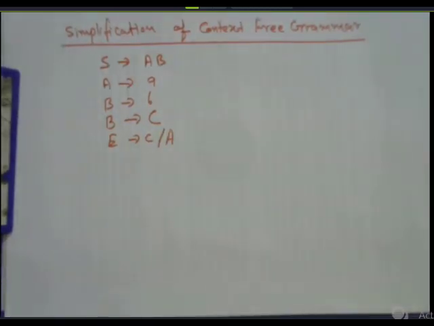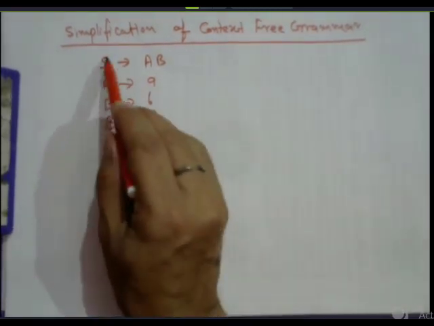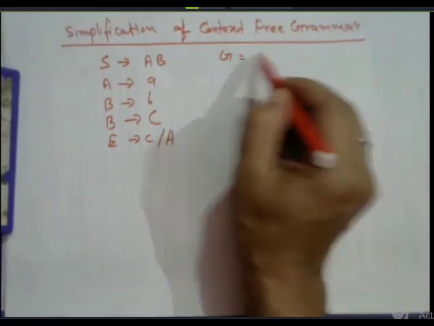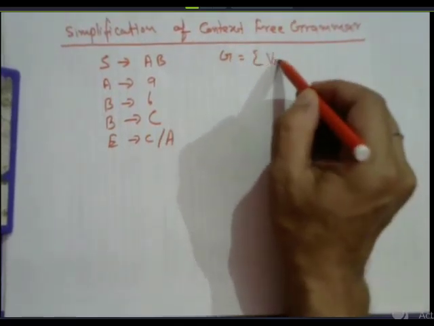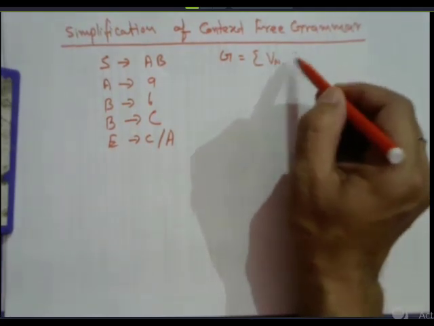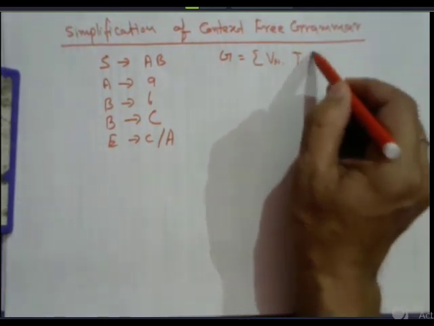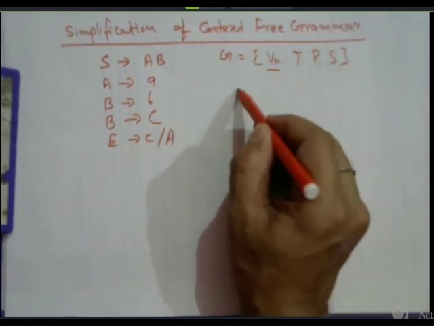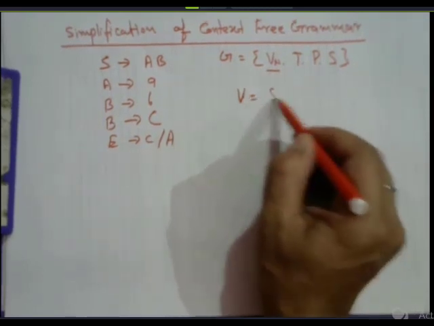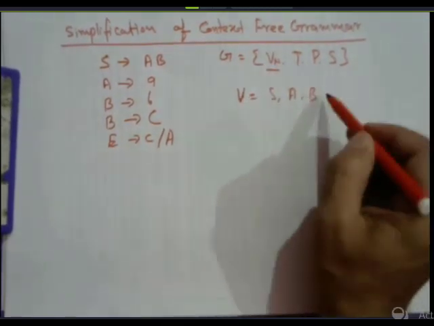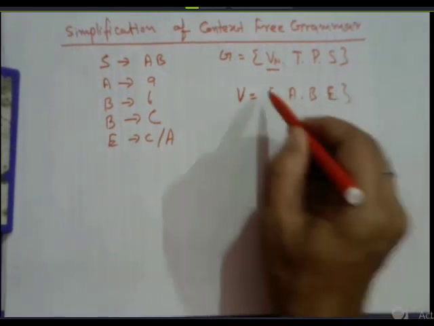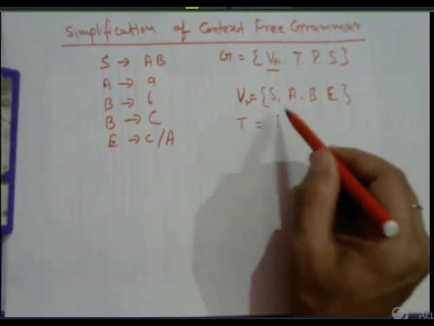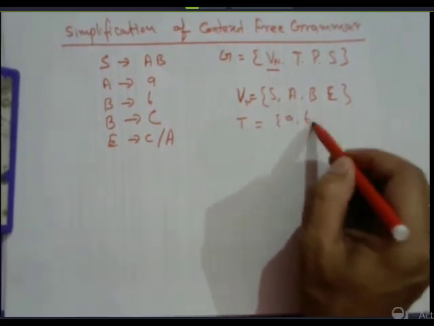Now in this grammar, the grammatical form G is equal to Vn, T, P and S, where Vn is S, A, B, E. All these symbols are in the Vn form, and the terminal symbols are only a, b, c.